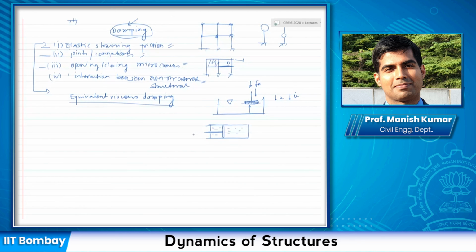Now, as you try to apply the force Fs here, if you do it slowly, the liquid will come through these orifices at the end of the piston, and FD here would be 0.